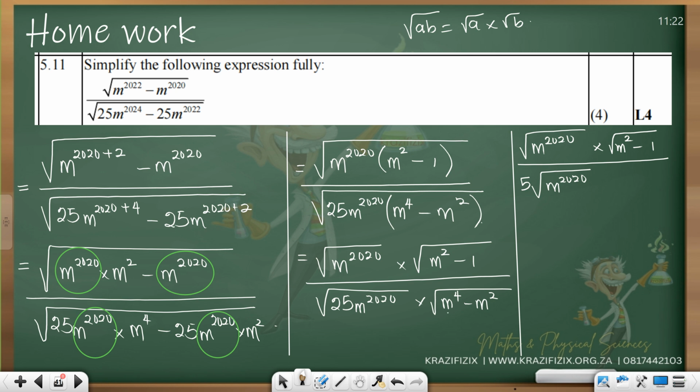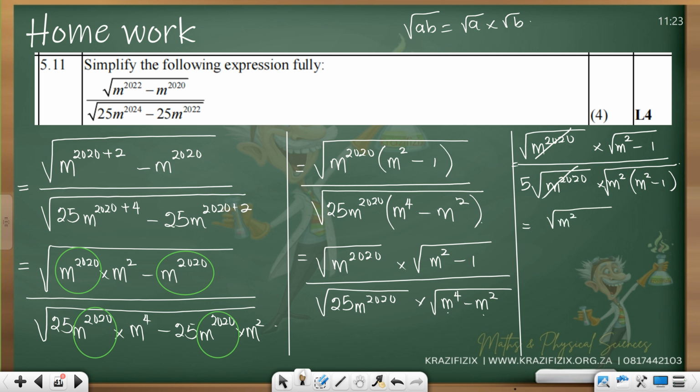Oh, beautiful. What's common here? Do you notice m squared is common? And what do I have? But don't forget, we still have a root there. Please write neatly so that you can see what you're doing. Do you notice the whole of this cancels the whole of that? Oh, beautiful. So what do we have?